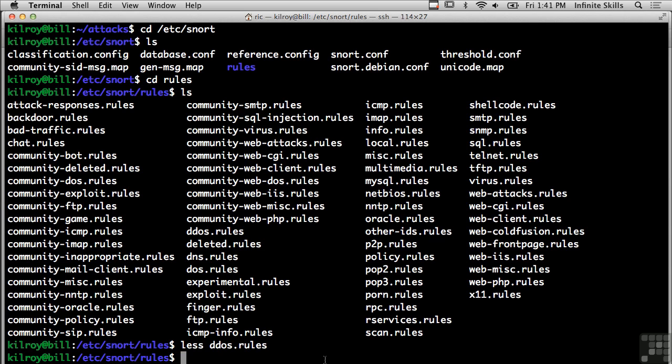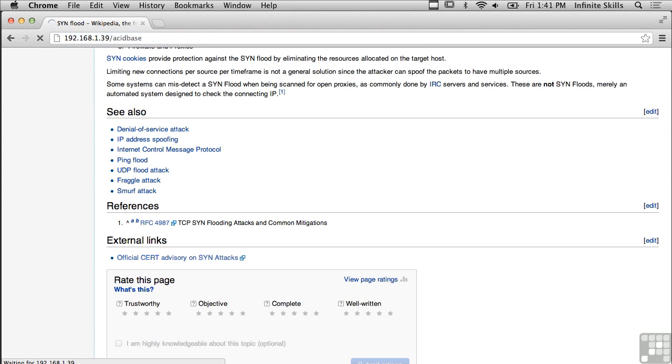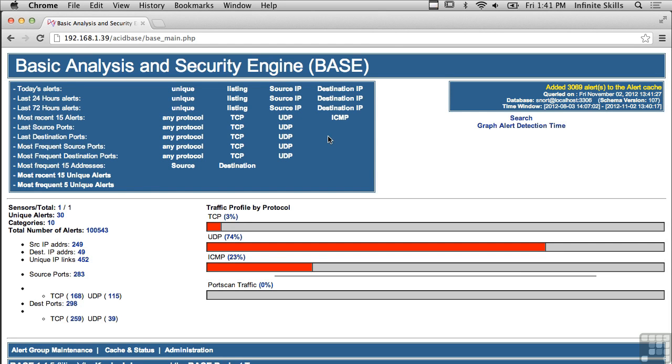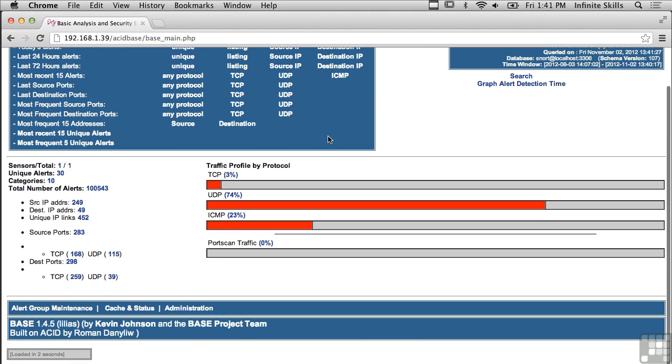Now, let's talk about how we actually go about taking a look at these attacks. So I'm going to log into the management console here and take a look at this thing called the Basic Analysis and Security Engine, or BASE. It's a web interface that reads the Snort database for different violations.